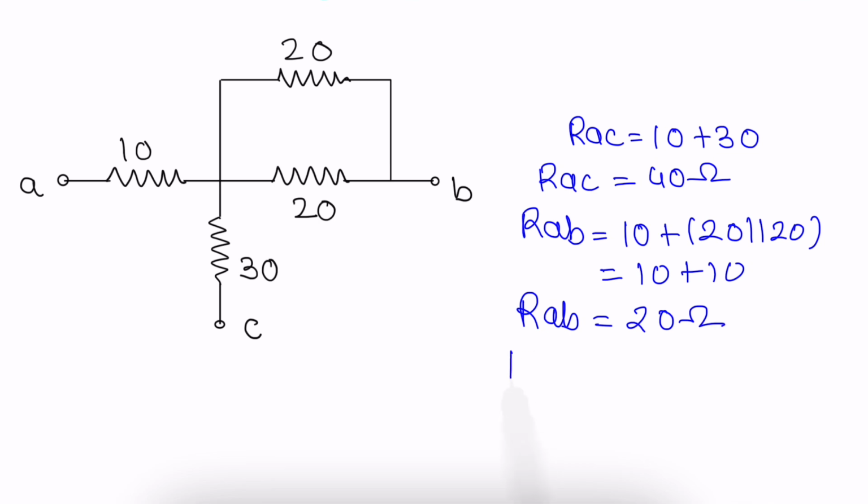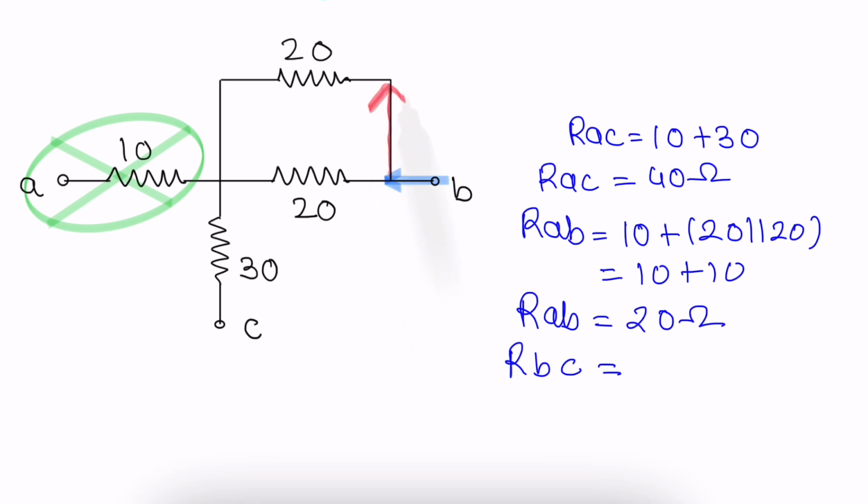Similarly, if you want to find out RBC, then this part of the circuit will not come into the picture. The current will start from point B. At this point, it will be split and follow two different paths.